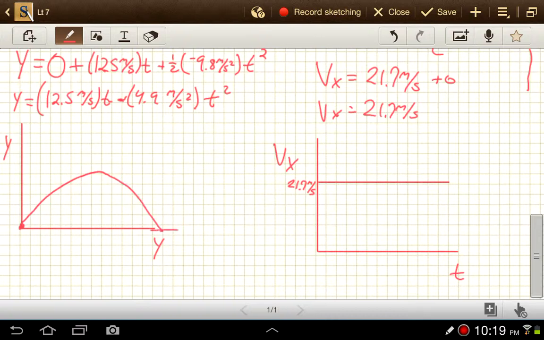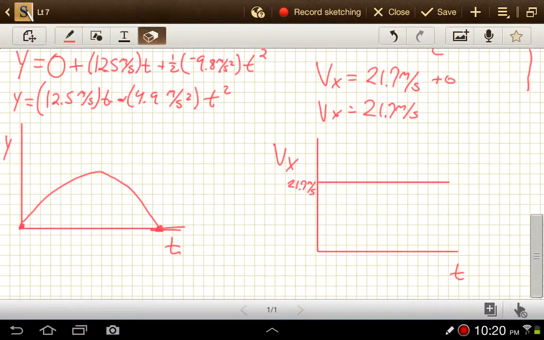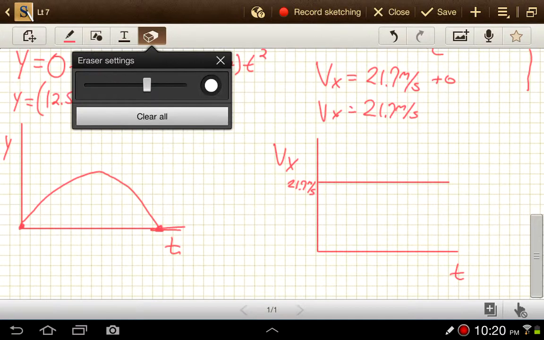Quadratic function there, or a parabola shape. And I messed up here. This should be a time, not another y. There we go. Okay, and then looks like we're out of space here. Let me clear a little room.